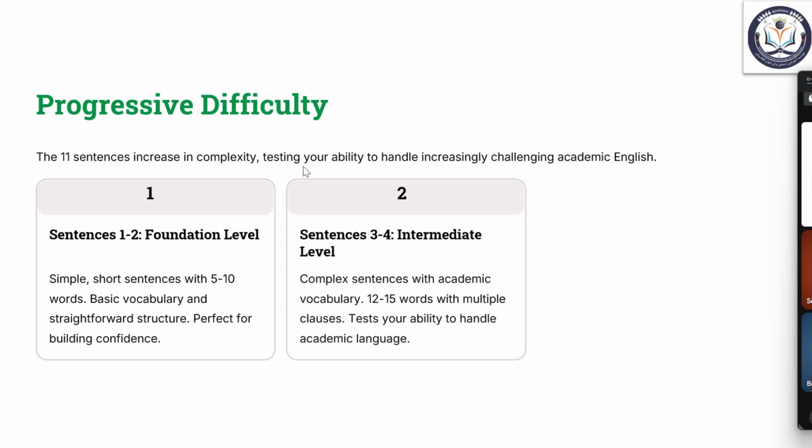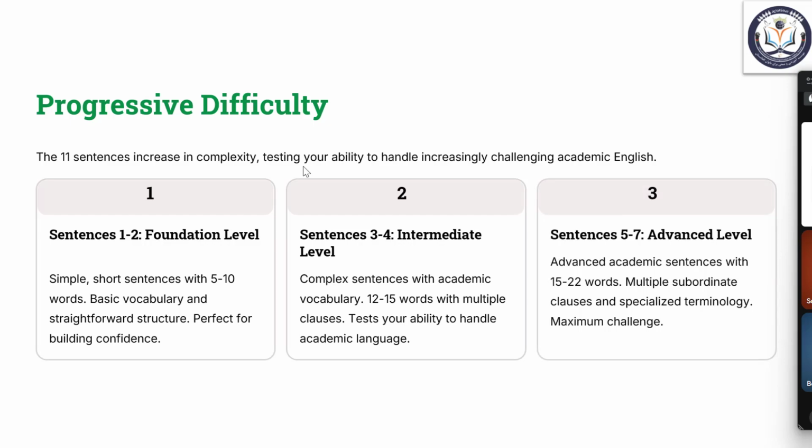And then when it proceeds to sentences 3 to 4, it will be the intermediate level, and it uses complex sentences with academic vocabulary. There are around 12 to 15 words with multiple clauses. It is also checking our ability to handle academic language.